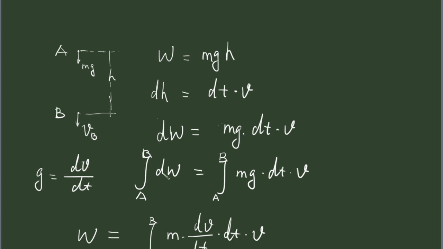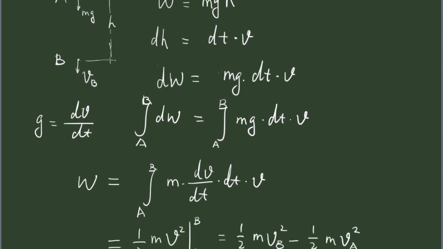So the integral of the work done by gravitational force from point A to point B is this mg times dt times v, integral starting from A to B.